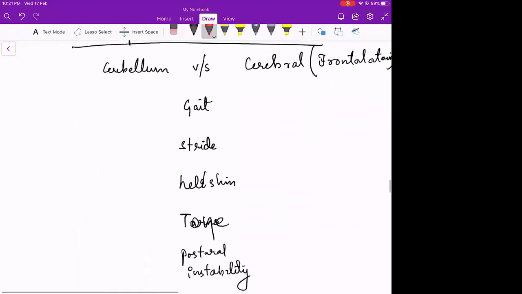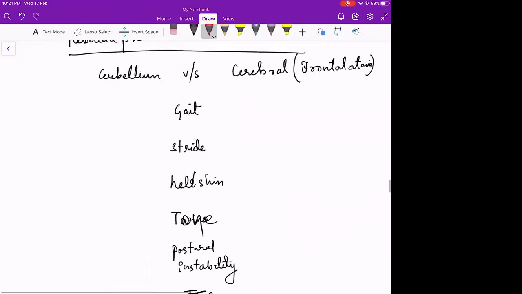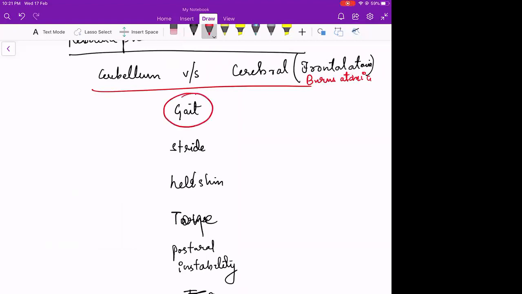Coming to frontal ataxia, there is a difference between cerebral and cerebellar ataxia also. Here both will have a wide base gait, but what happens to the stride of the gait is that it is affected.